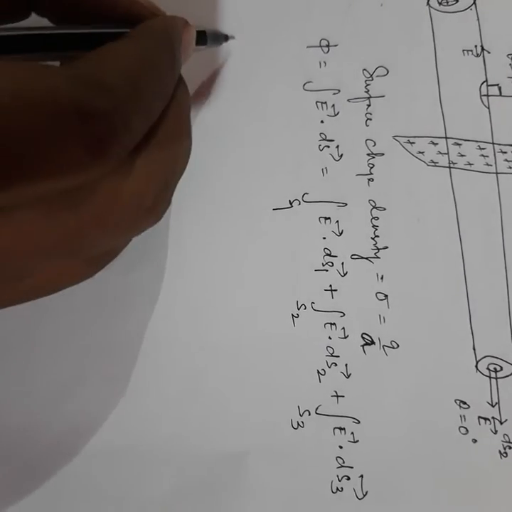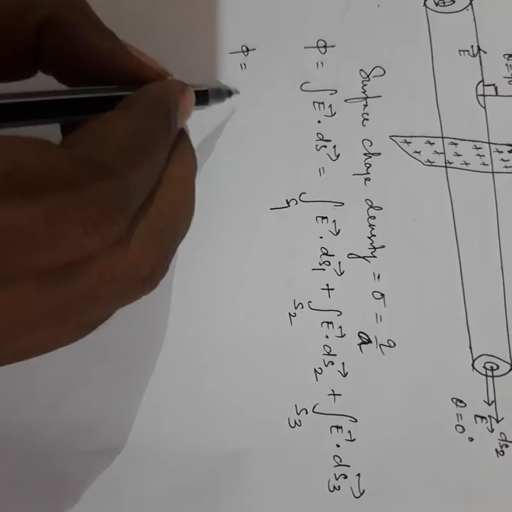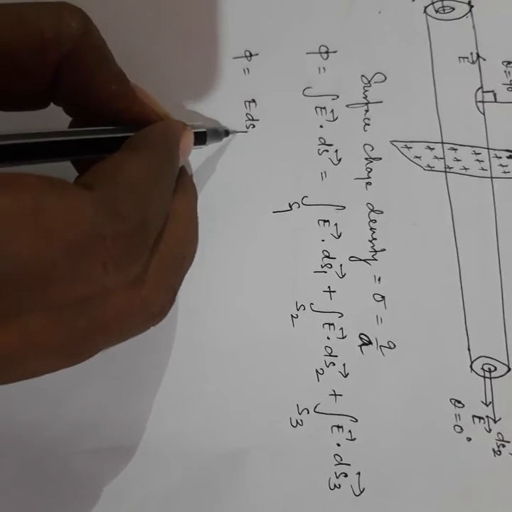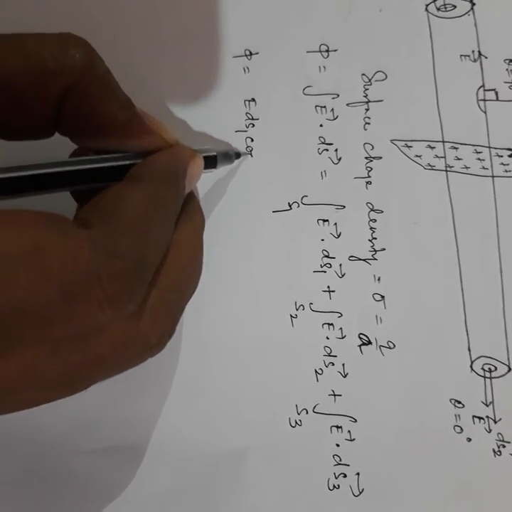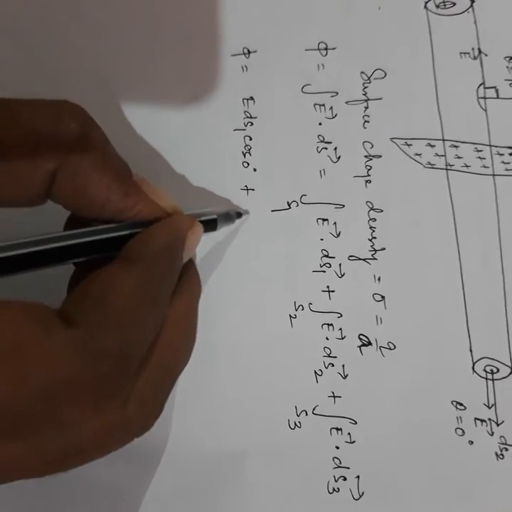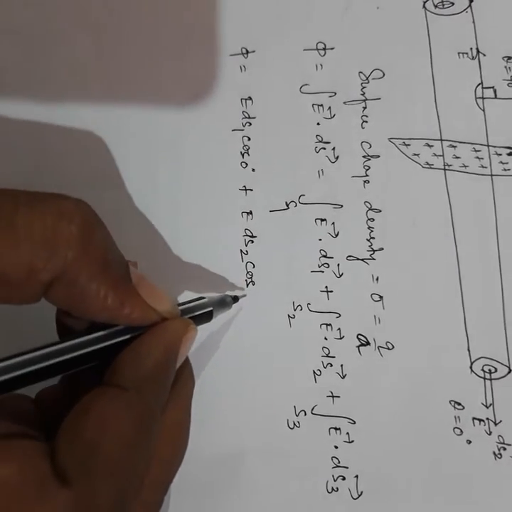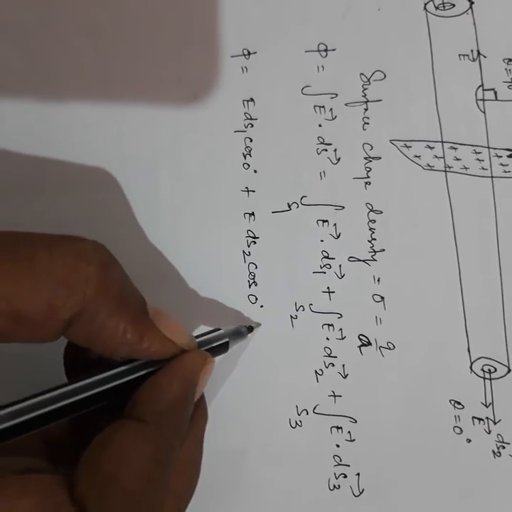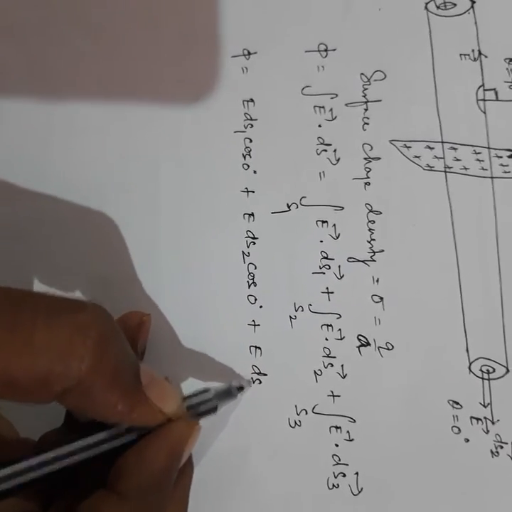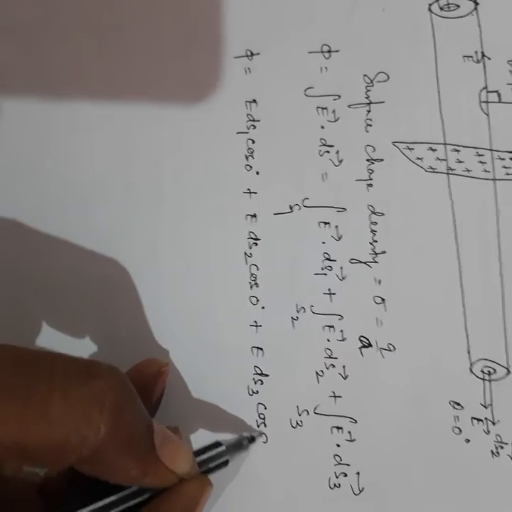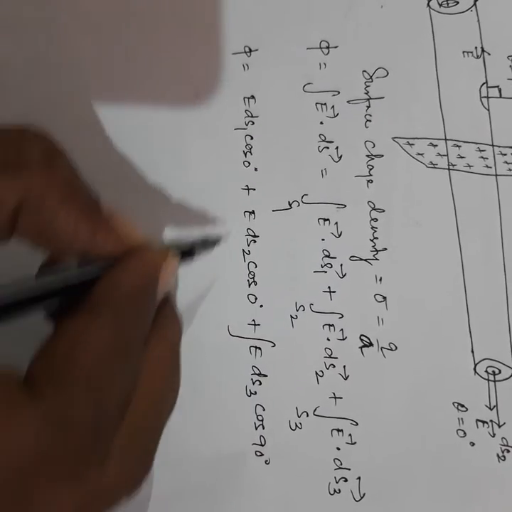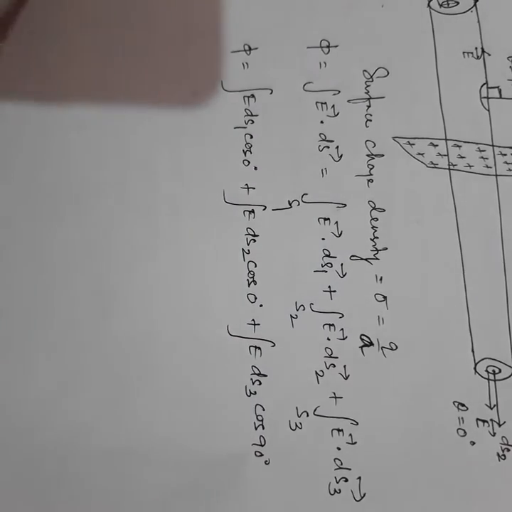Now phi is equal to E dS1 cos 0 degree plus E dS2 cos 0 degree plus E dS3 cos 90 degree. Here you see, let us check it out.